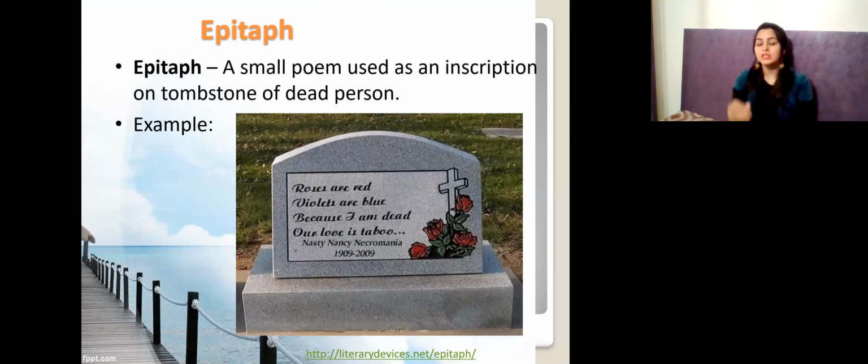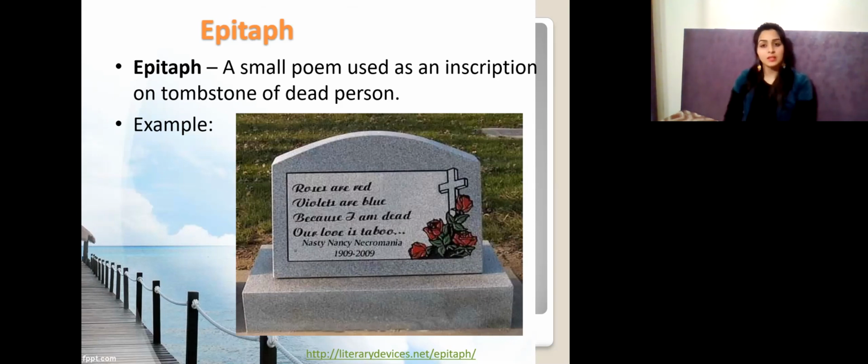Yes, mostly, in maximum times, epitaph is used on a dead person's grave, that's a tombstone, to just put down some lines to describe that person or that relate to that person. But nowadays, epitaph is also used to describe people very briefly in two, three lines itself.